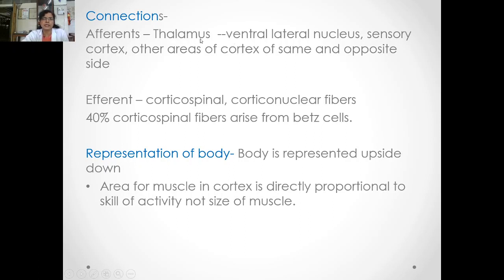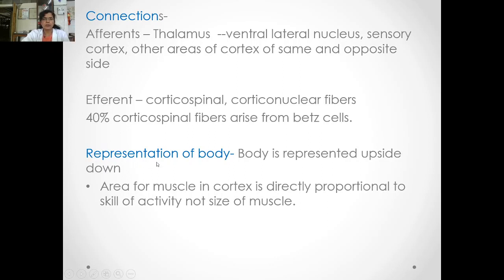So the main afferents are from the ventral lateral nucleus of thalamus, then the sensory cortex, and other areas of cortex of the same side through association fibers, and it also receives fibers from the opposite cerebral hemisphere through commissural fibers. Then the efferents: it gives rise to corticospinal fibers and corticonuclear fibers, and 40% of corticospinal fibers arise from these Betz cells.